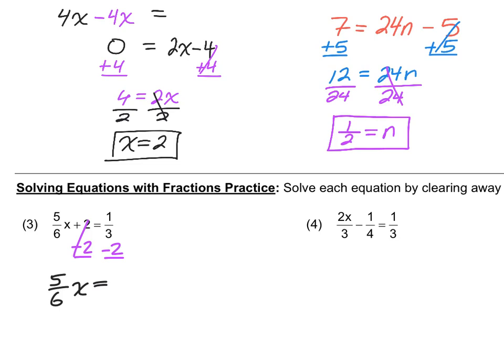I'm kind of letting more people in on the secret, but it really shouldn't be a secret. So alpha y equals, the first option brings up the fraction key. 1/3, hit the right arrow to get out of it, minus 2, hit enter. It puts it in simplest form for you.